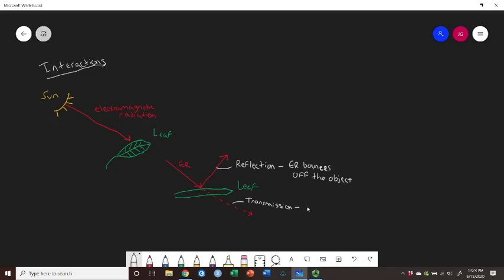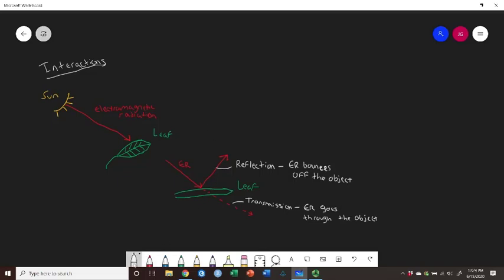In transmission, the ER goes through the object.